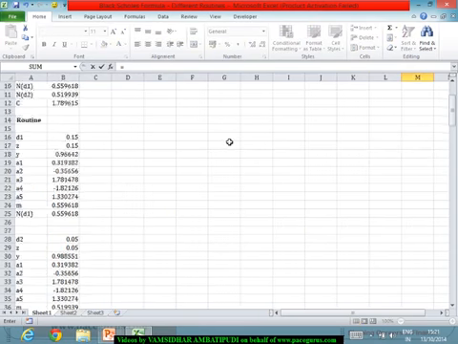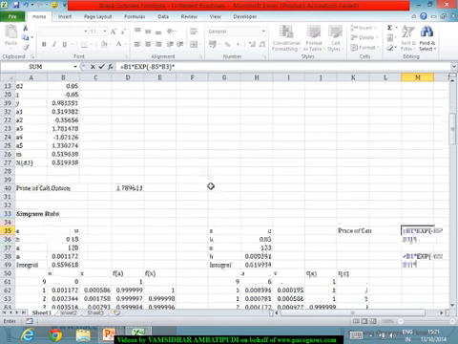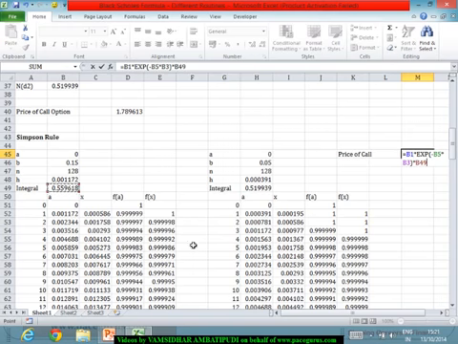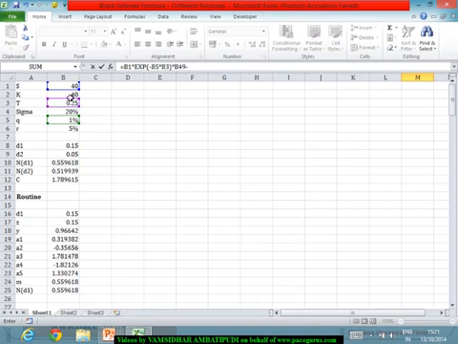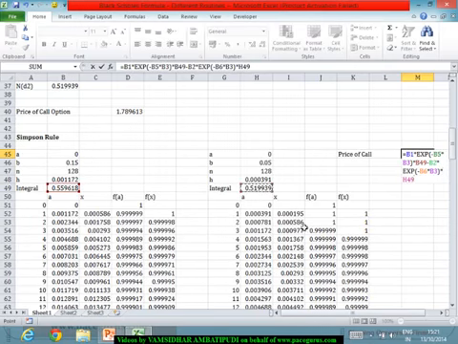So using this, probably I can very well compute the price of the call option through this mechanism, wherein I am taking the spot price times e to the power of minus qt times N of d1, N of d1 obtained through the Simpson's rule, minus the present value of the strike K times e to the power of minus rt times N of d2 computed through the Simpson's rule.